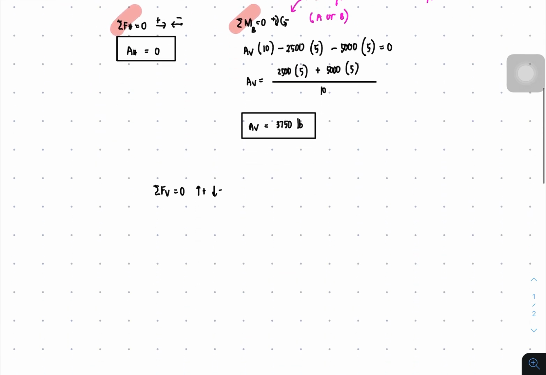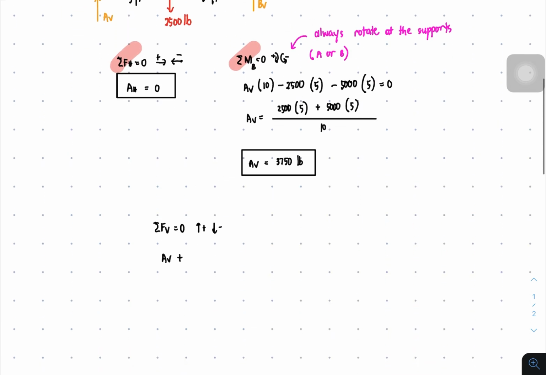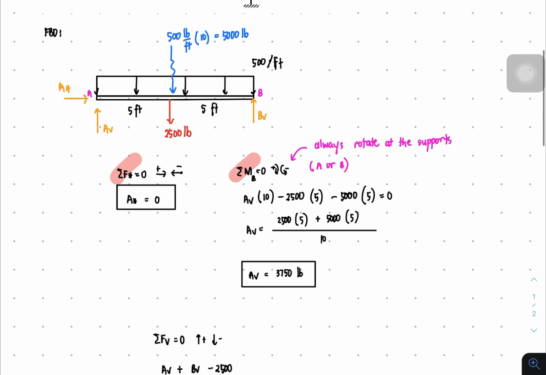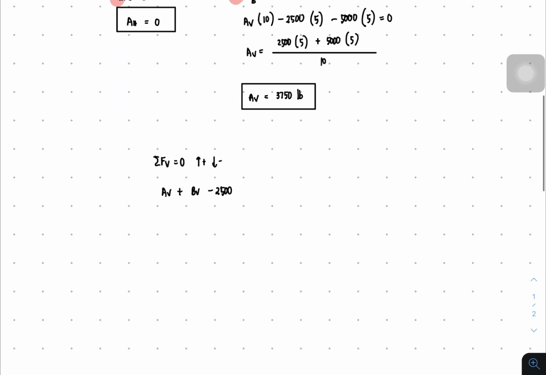AV is upward, so positive, plus BV, upward also, minus 2,500 because it is downward, and the 5,000 is also downward, so negative 5,000, equal to 0.